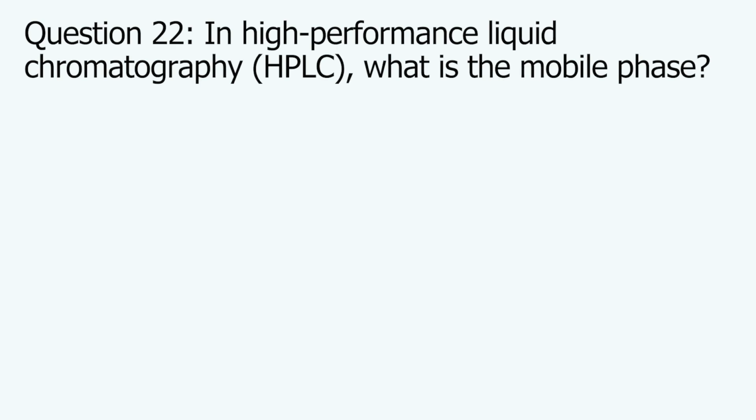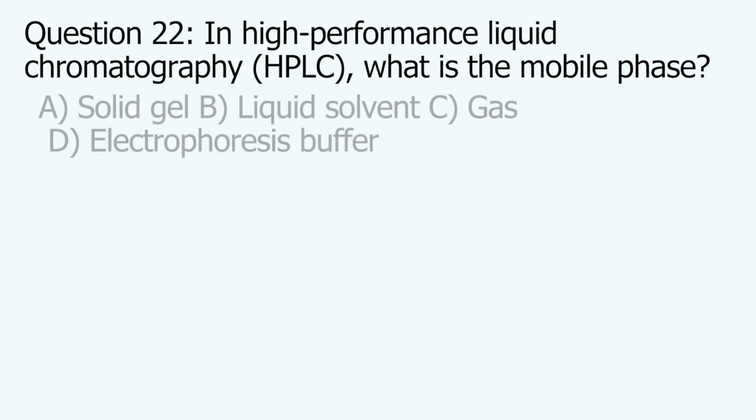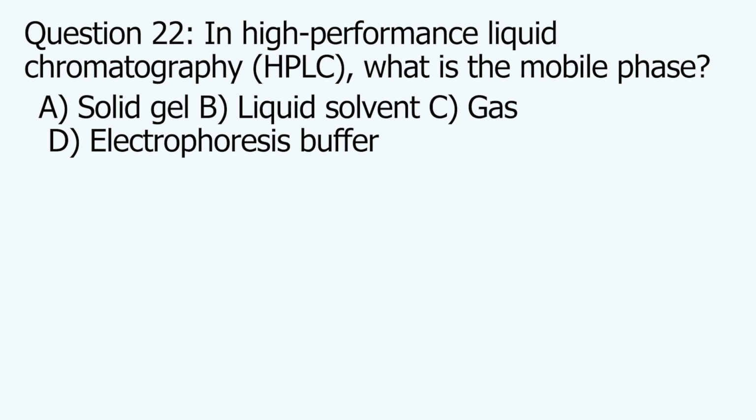Question 22. In high-performance liquid chromatography, HPLC, what is the mobile phase? A. Solid gel. B. Liquid solvent. C. Gas. D. Electrophoresis buffer. Answer.